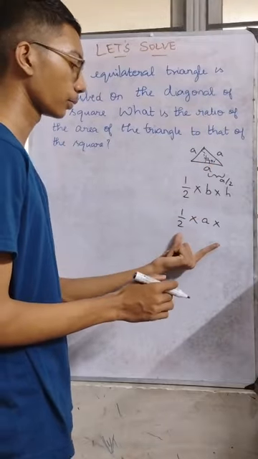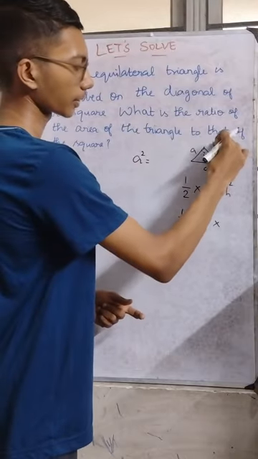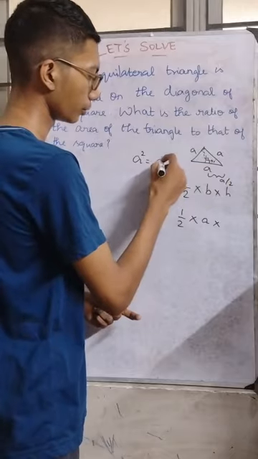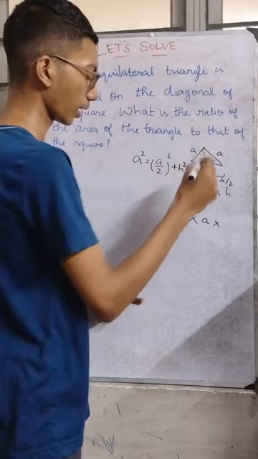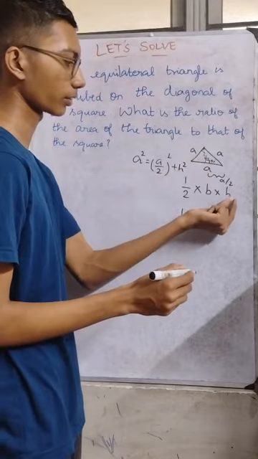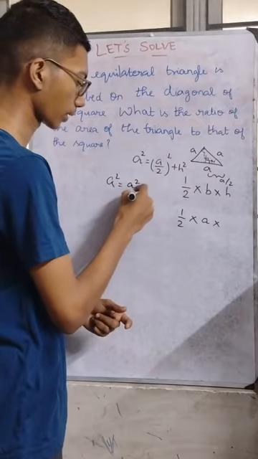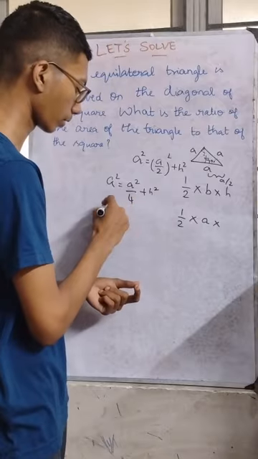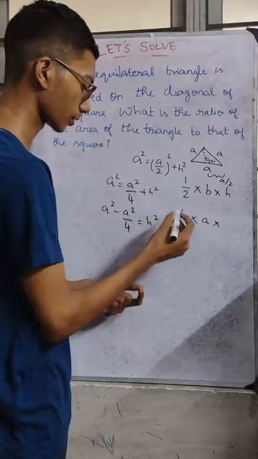So first we will compute this. By Pythagoras theorem, hypotenuse square is equal to base square, which is A by 2 the whole square, plus height square, which is h square. We need to compute h, so we substitute: A square equals A square by 4 plus h square. Taking A square by 4 to the other side, A square minus A square by 4 equals h square.